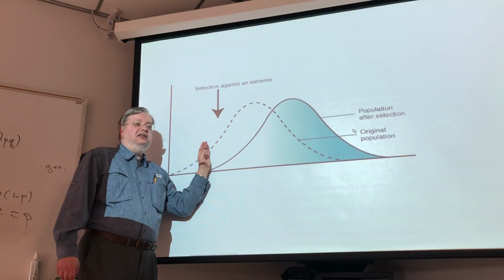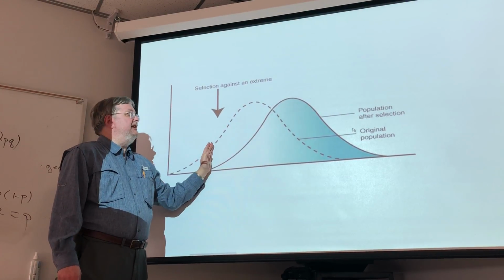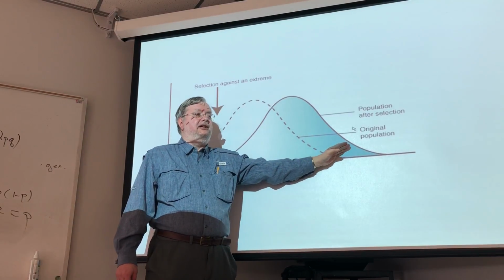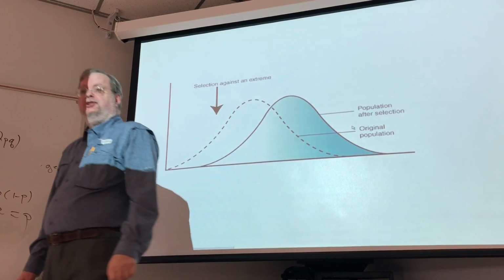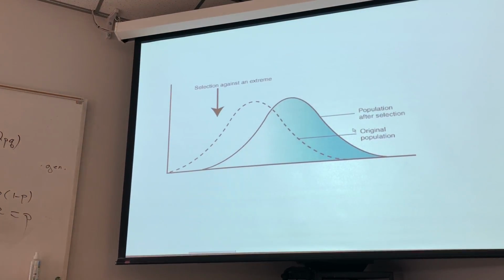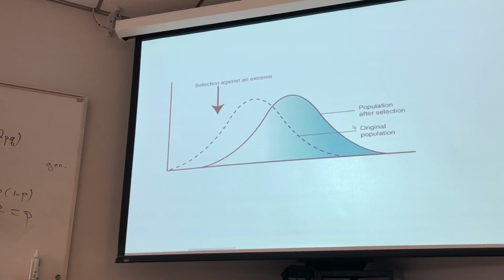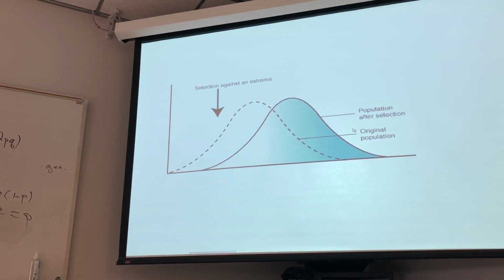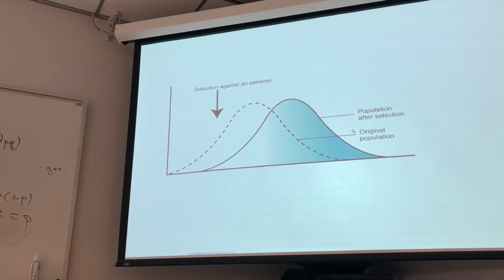The other end is being selected against. So this end is selected against, this end is selected for, and it pushes it in one direction, the average. Now, this does not have to be bell shaped, like I said, but it's a useful way to illustrate it. That's directional selection, a natural selection.